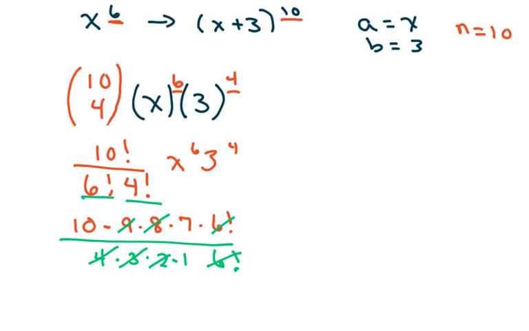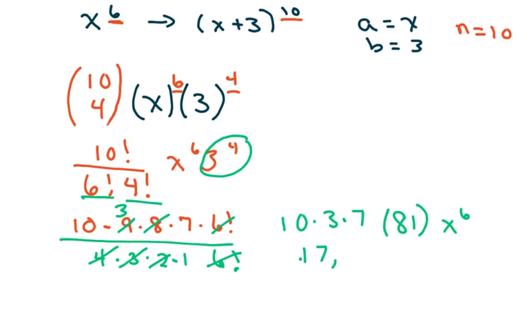And then 3 goes into 9 3 times. And then when you multiply all this out, this is going to be 81. So we're going to get 10 times 3 times 7 times 81 times x to the 6th. And therefore our answer is going to be 17,010 x to the 6th. So my coefficient is right here.